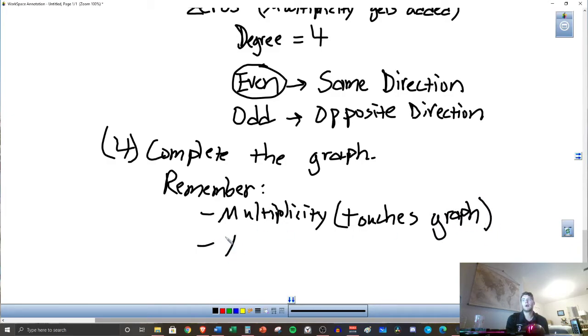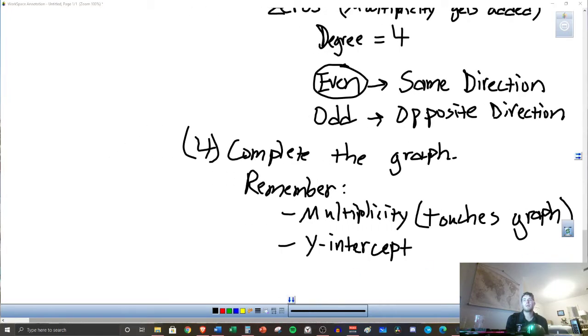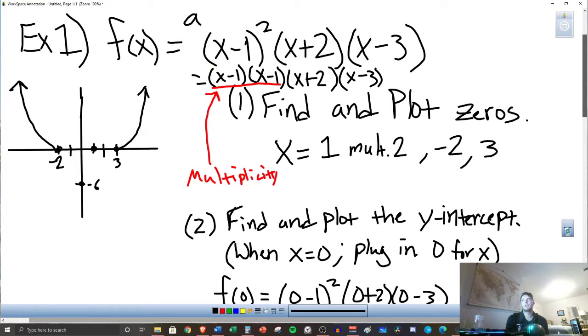And don't forget the Y-intercept. So we have to go through every single one of these critical points. And for a lot of students, this is one of the most challenging parts, is remembering all these. So we know we have a multiplicity at 1.